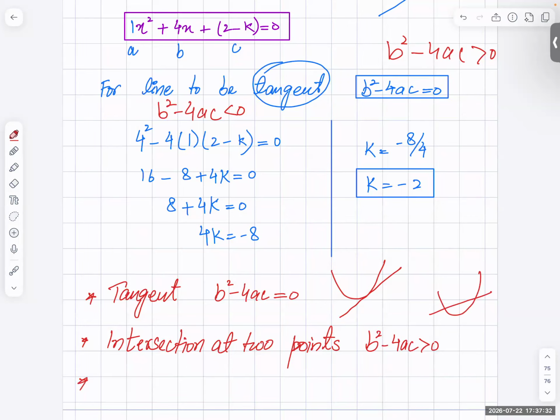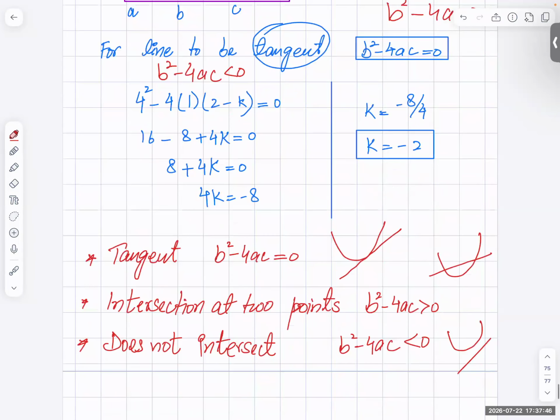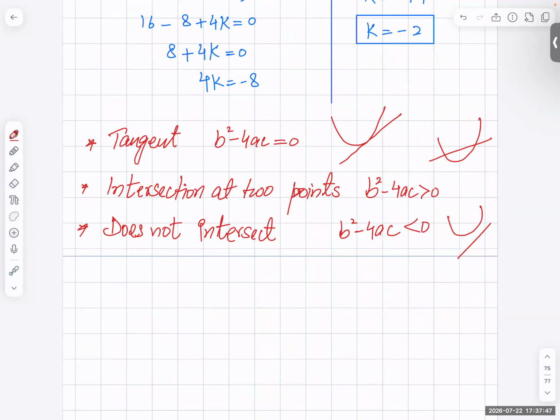And if it does not intersect, then b square minus 4ac has to be less than 0. These are three possibilities: first, tangent, then 2 points, then does not intersect. Note it down and you need to memorize these, okay? That's very important.